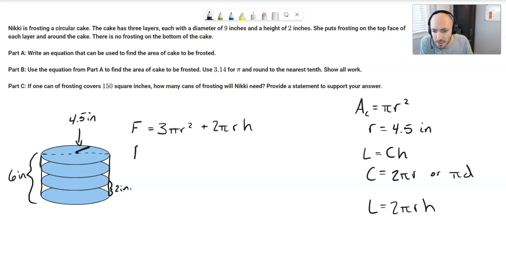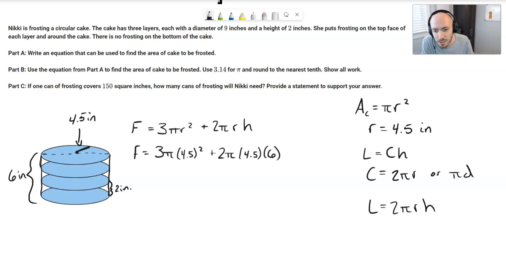So my total surface area to be frosted is going to be 3 pi times 4.5 squared plus 2 pi times 4.5 times 6. From here, this is just a simple calculation.